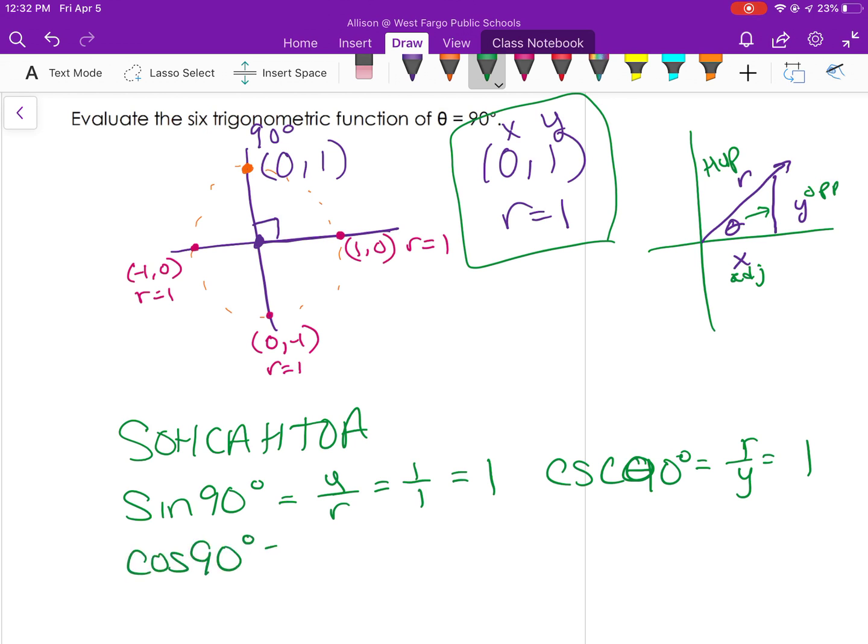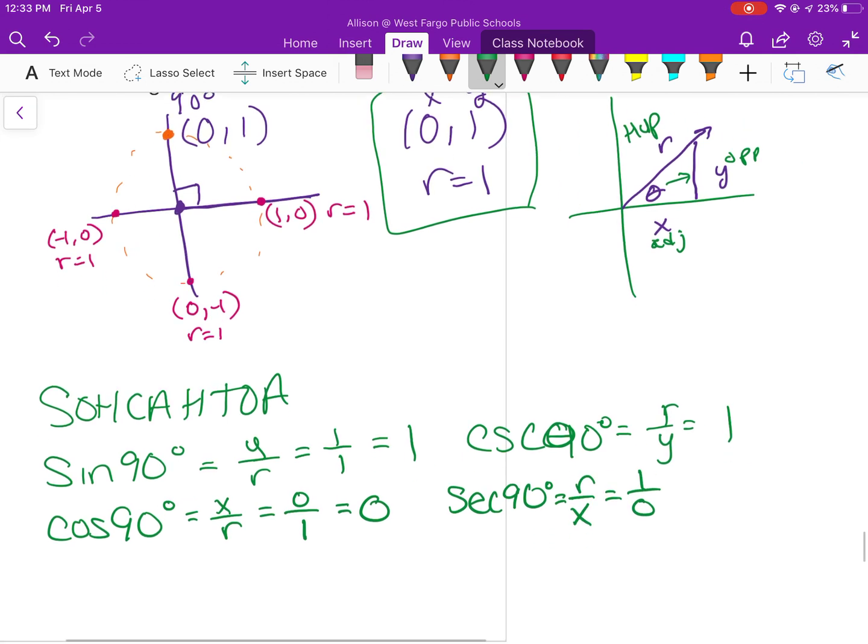Cosine of 90 degrees will be adjacent over hypotenuse, so x over r. So x is 0 and r is 1, so 0 divided by 1 is 0. Secant of 90 degrees then will be the reciprocal, so r over x, which will be 1 over 0. You can't divide by 0, so the secant of 90 degrees is undefined.